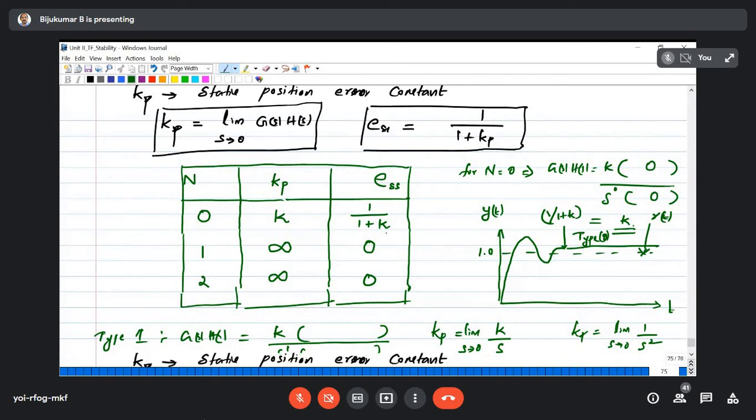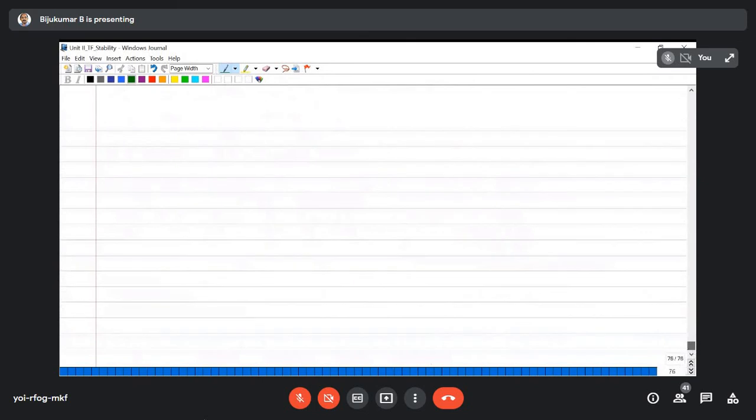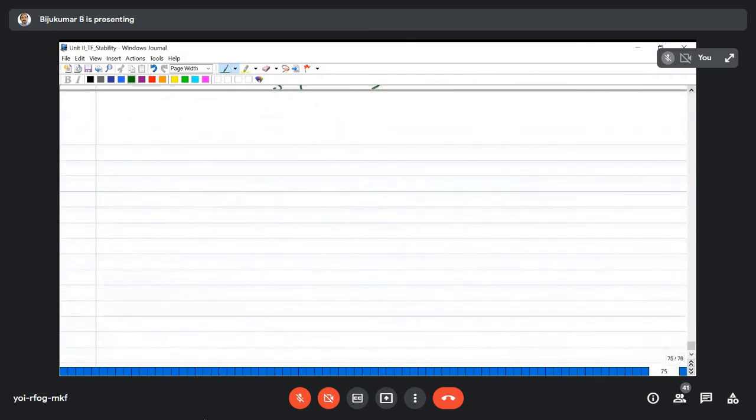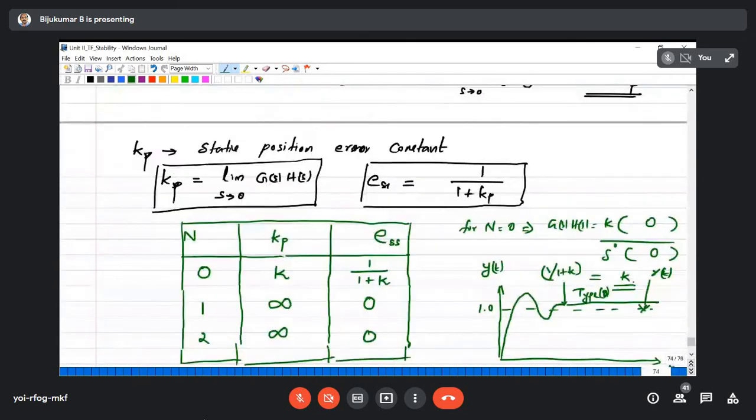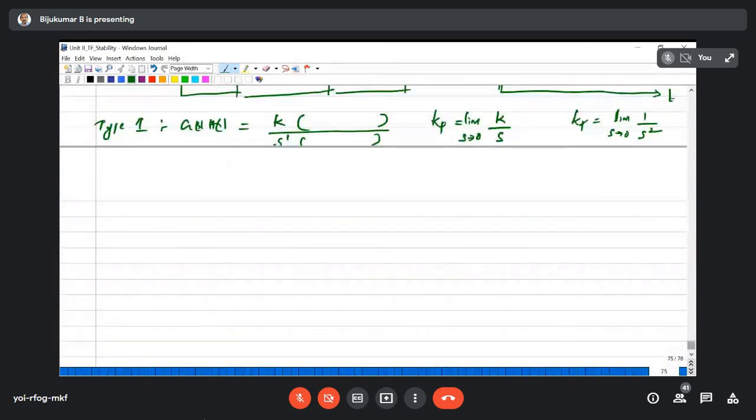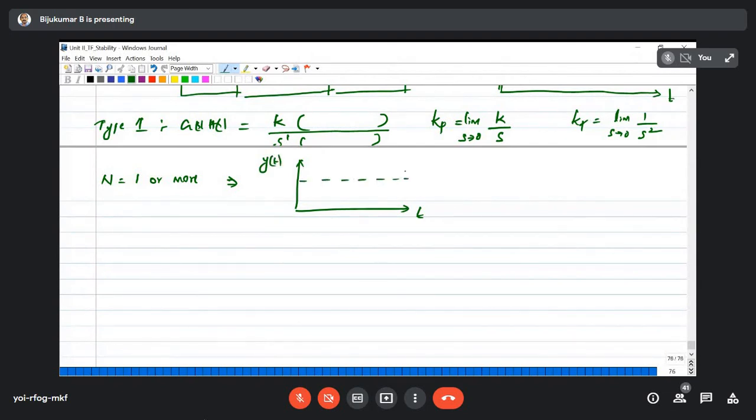Okay, so how can we draw the response for type n equal to 1 or more? We can draw the response like this. Let it be t. This is y(t). So this is our reference input.